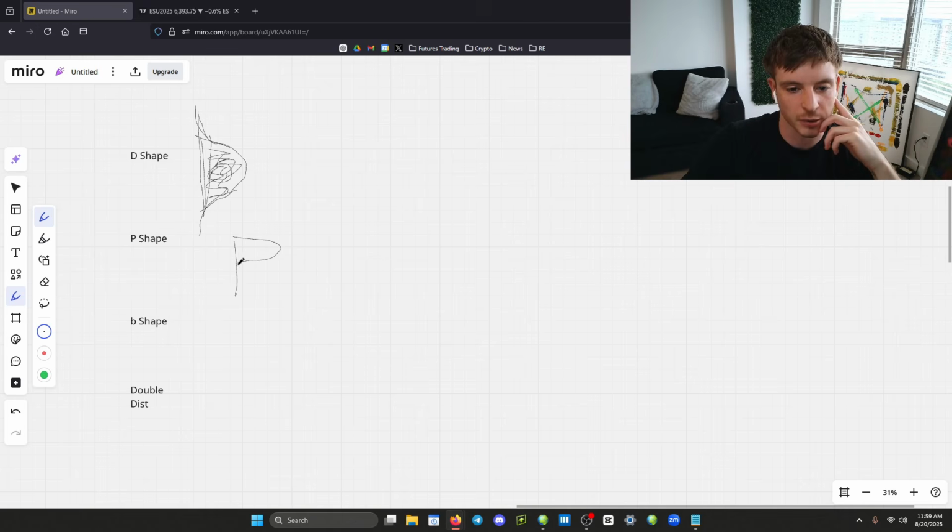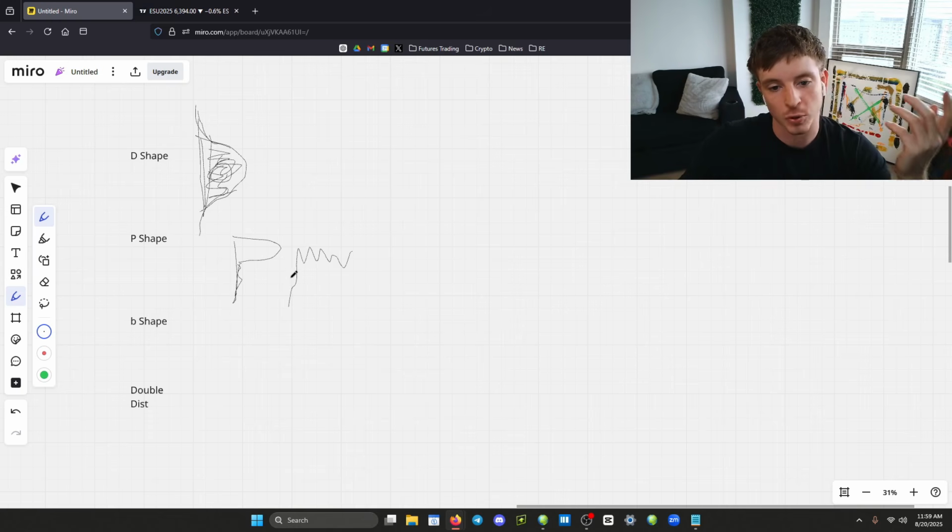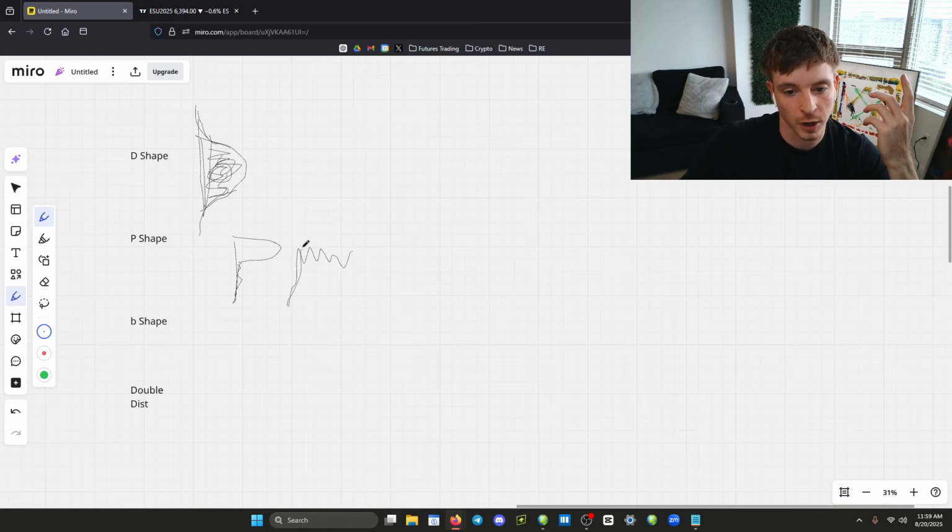So whenever you see a P-shaped profile, this is basically what it looks like. It looks kind of like a bull flag, and it's really just a move up followed by consolidation, or buyers and sellers agreeing on prices at this location.